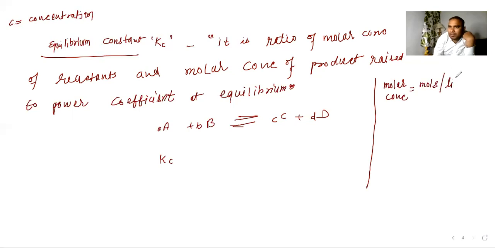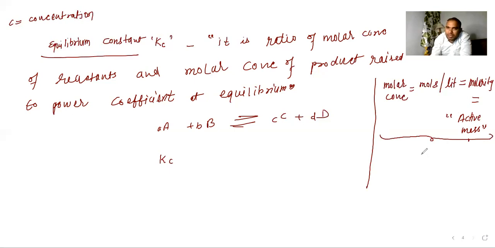You can also call it molarity, which you studied in solutions, or active mass. Active mass was used in the old days; nowadays we use molar concentration. All of these are represented by square brackets.